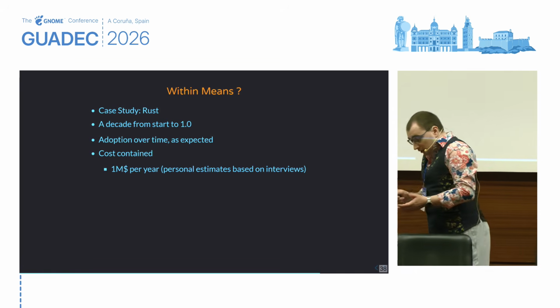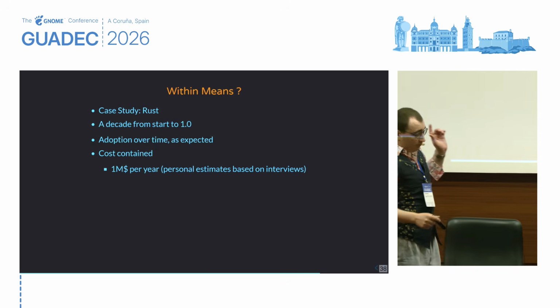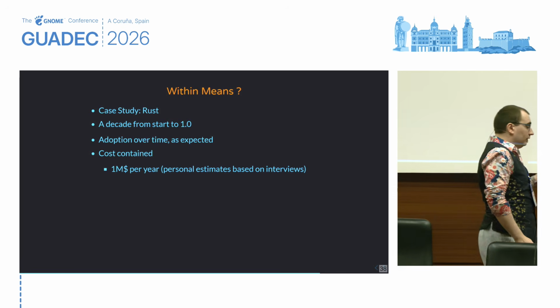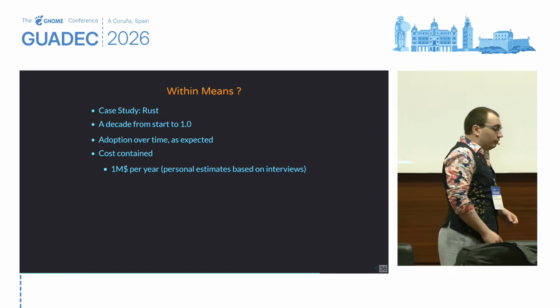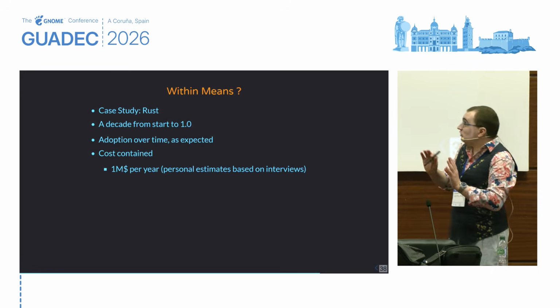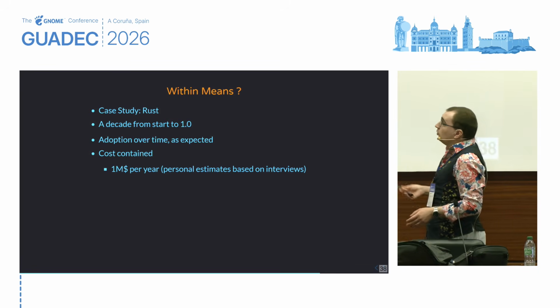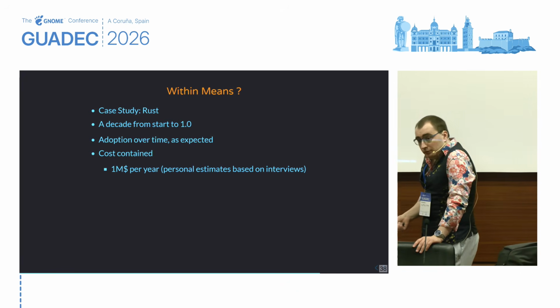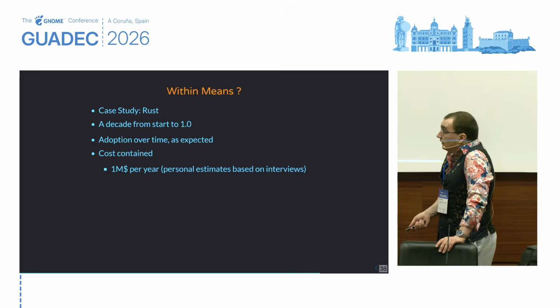Cost is pretty contained. So I do not have hard data on this, but I've talked with a lot of people that have been in the managing chain at Mozilla at the time of the Rust team was there. And they estimate that the cost average over the whole time it was there was approximately $1 million per year. This is not nothing, right? I don't have that money.